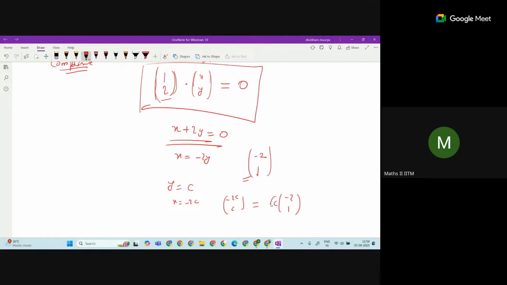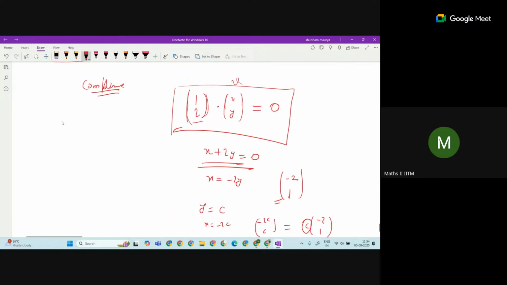You can change c to any value, 0, 1, 2, 3, and you will get so many vectors. So for this vector, let's say I'm calling it u, which is 1, 2, the orthogonal complement is not only a single vector, not only minus 2 and 1. So many vectors are there.